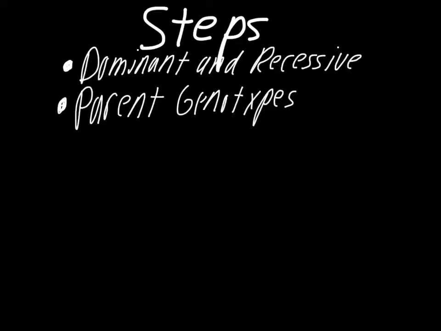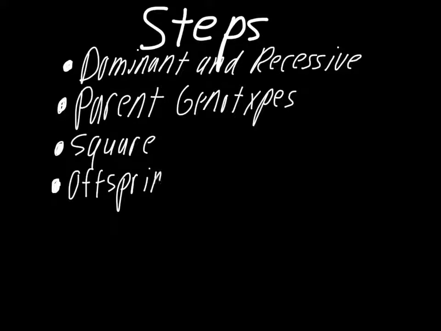The next thing you have to do is just fill in your Punnett square. Remember, you're filling that in with your parent genotypes. The next thing you have to do is figure out the offspring genotype. So these are the letters or the alleles that represent the offspring.